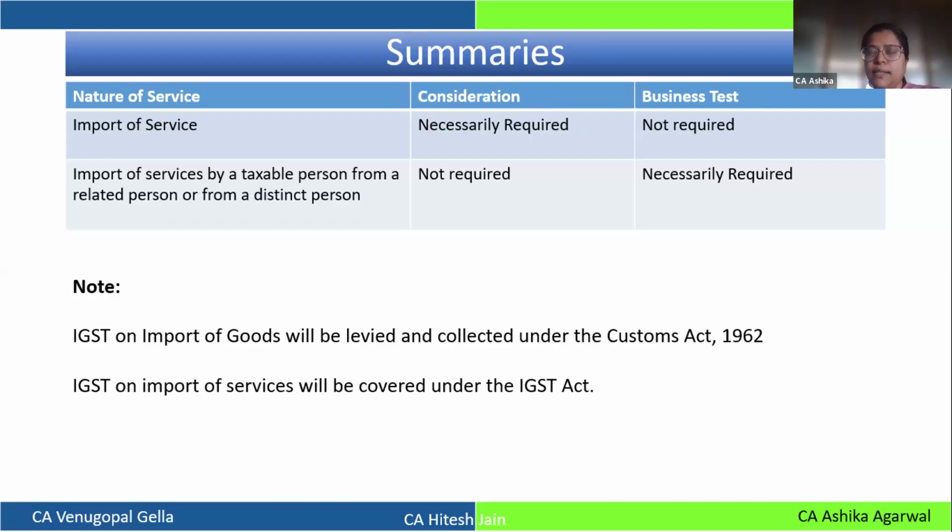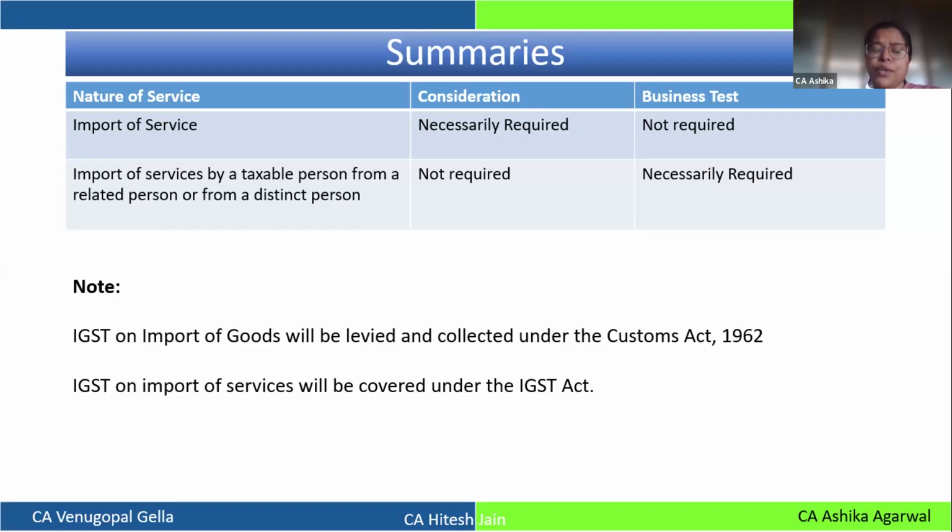Now, in this regard, I want to highlight the matter of corporate guarantee. We discussed personal guarantee while discussing director service. Now, here I want to discuss corporate guarantee. The reason being, recently through Circular 225, it has been clarified that corporate guarantee is taxable. I'm not going into the dispute whether it is taxable or not taxable.